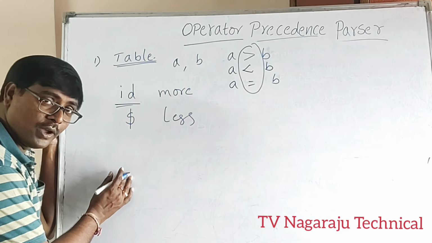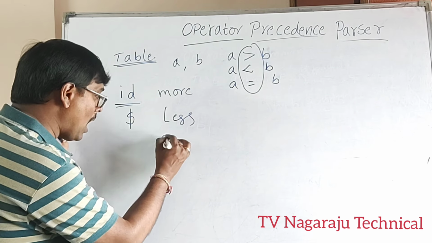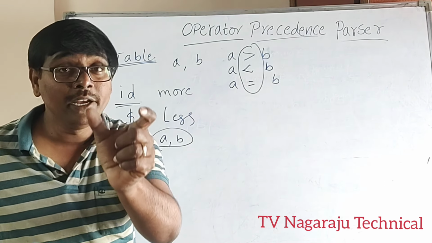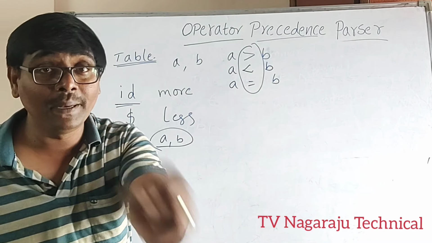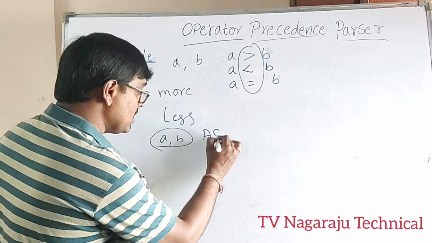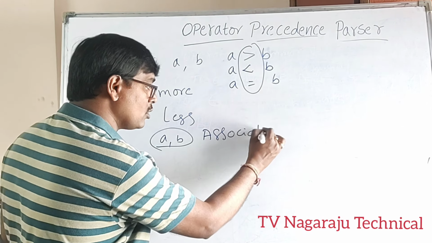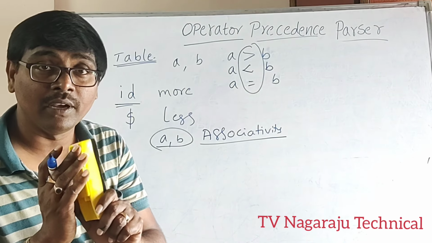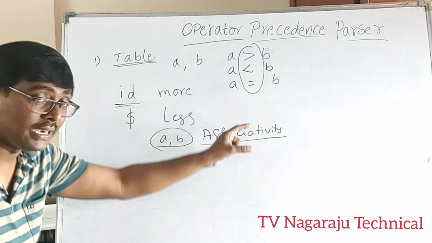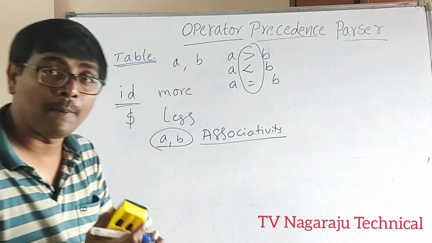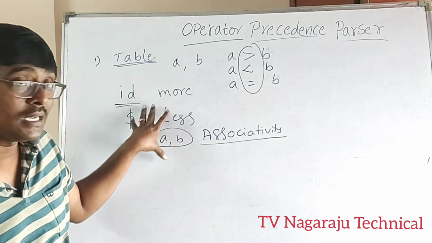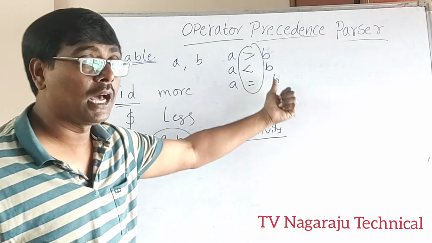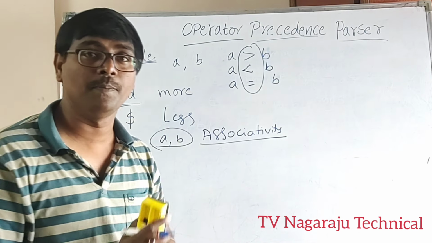Now the last point is, if any two operators have equal precedence, in such a case we check the associativity. These are the conditions for constructing an operator precedence table. Once the table is constructed, based on the relation, we perform the shift reduce parsing.